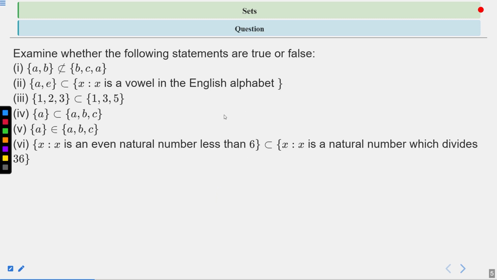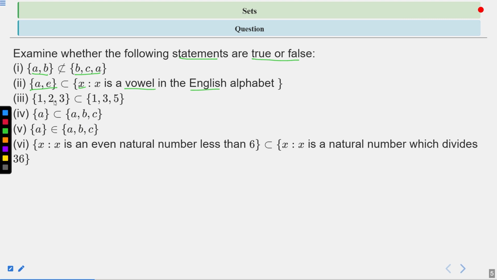Now this question. Examine whether the following statements are true or false. For first, we are given this set in roster form A, B, which is not a subset of the set in roster form B, C, A. And second, it is given that the set with elements A, E is a subset of the set described in set builder form, the collection of X such that X is a vowel in the English alphabet.